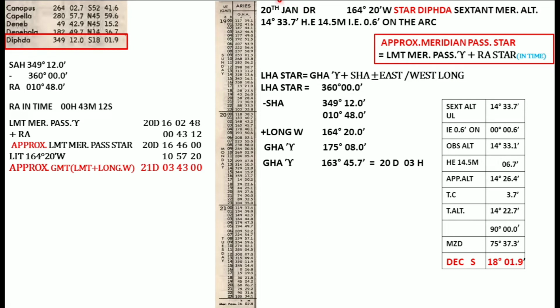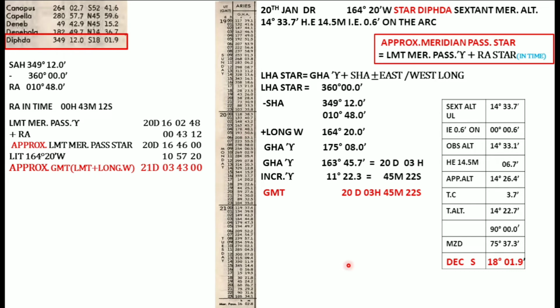So I assume that the date is the same as 20th. I look for it here, 03. This is my increment, and this is my GMT, taking into account that the date given to me is the correct day for GMT also.